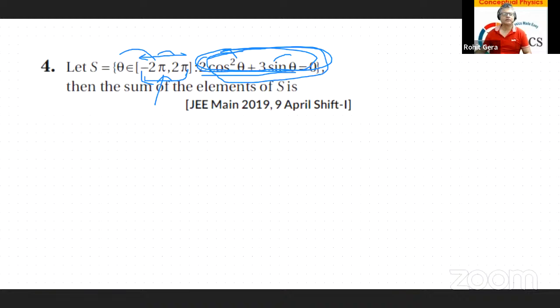First solve it and find those angles that satisfy this equation. Meanwhile, I will share this with you so that your life becomes easy.